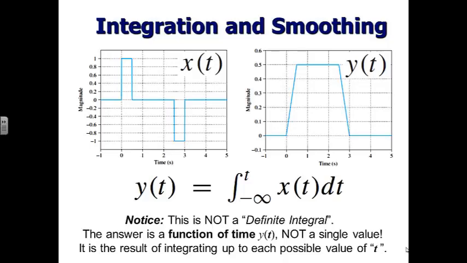And so if you look through the rest of that, hopefully you can convince yourself that indeed y of t does represent the area under x of t as we accumulate our way across the time axis. Notice that while x of t has vertical discontinuities, y of t doesn't, has just some slopes. And if we were to integrate y of t again, we would get even smoother transitions. So integration is by nature something that smooths out fast and sharp things.